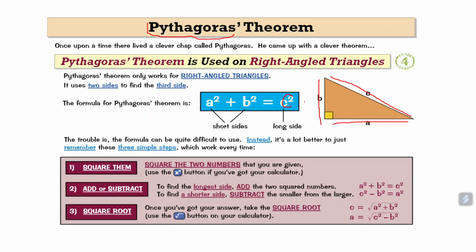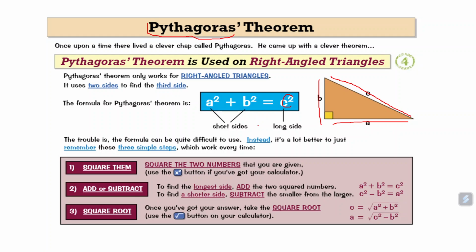I repeat, the square on the hypotenuse is equal to the addition of the squares of the two other sides.